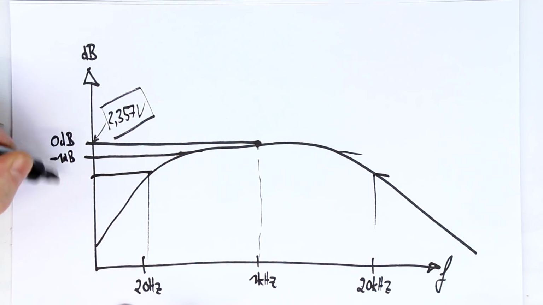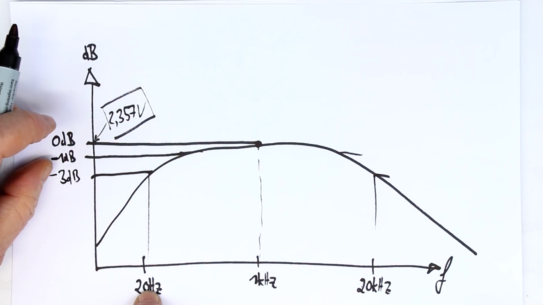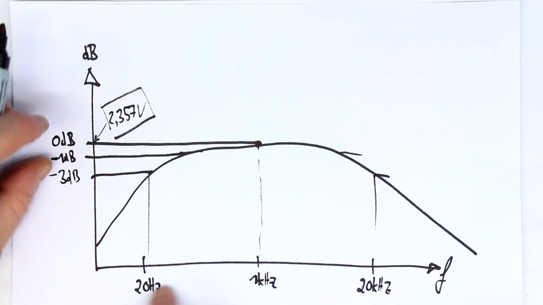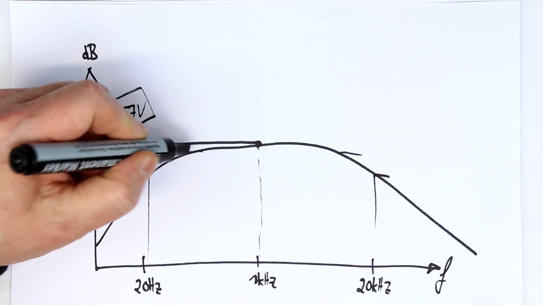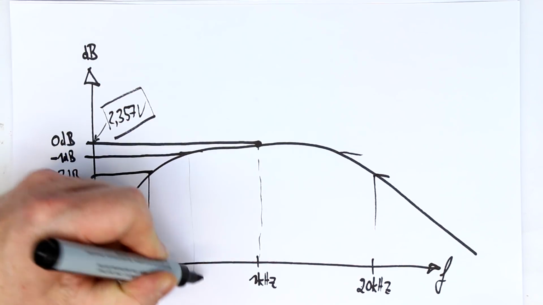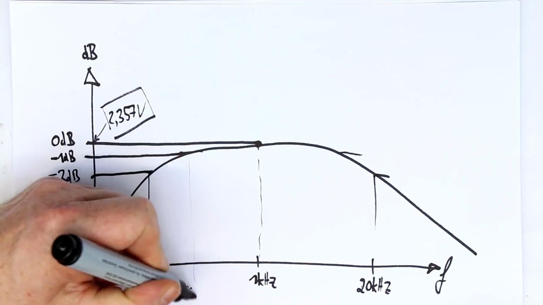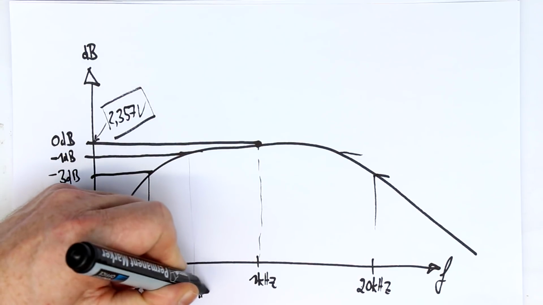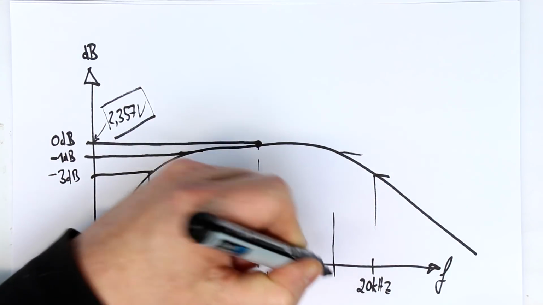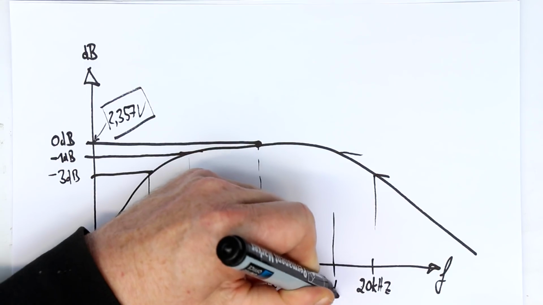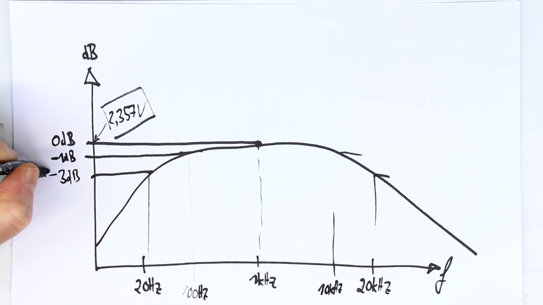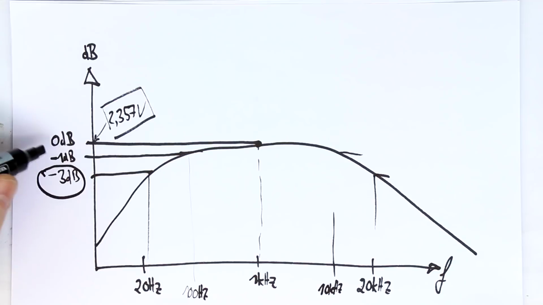The minus 3 dB would be here in this graph just by chance between 20 Hertz and 20 kilohertz, but the minus 1 dB point would be at some other frequency, let's say, whatever, 100 Hertz and let's say, don't know, 10 kilohertz.